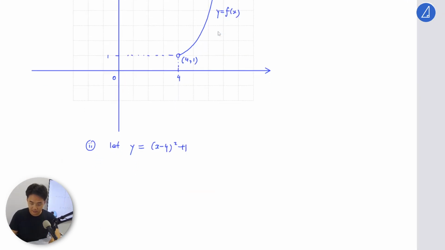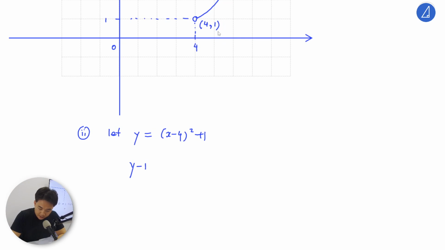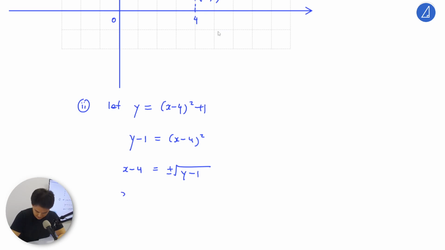So you get y minus 1 equals (x minus 4) squared. x minus 4 is plus or minus the square root of y minus 1. Then x equals either 4 plus root y minus 1, or x equals 4 minus root y minus 1.